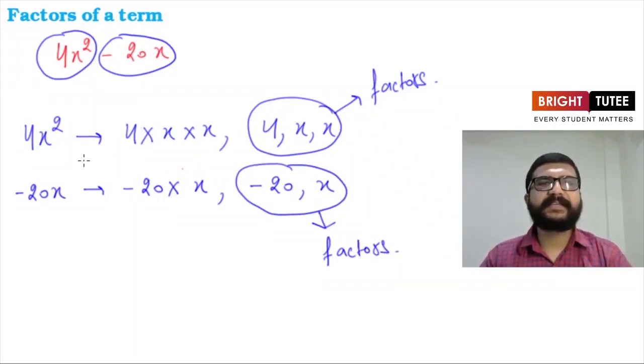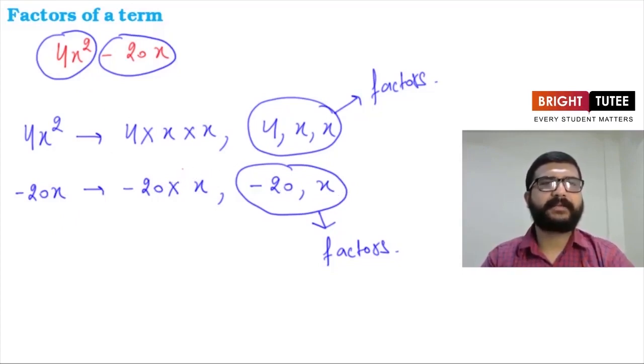So basically we can say that terms are a product of factors, or we can say a term is a product of factors. As we can see here, the first term, which is 4x square, is a product of its factors, which are 4, x and x. And then minus 20x is also one term and it is formed by a product of factors, which are minus 20 and x. This is how we find factors of a term.